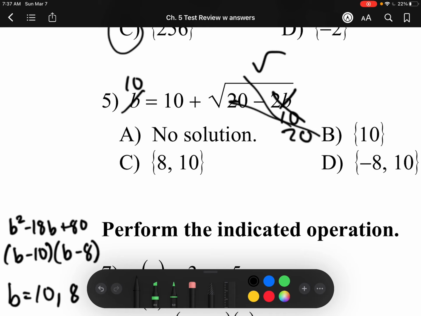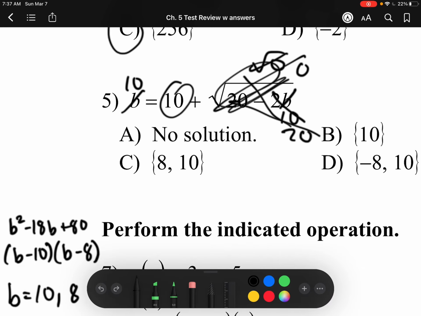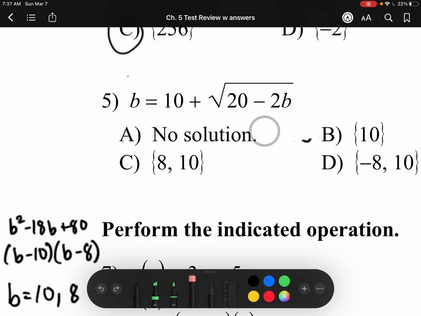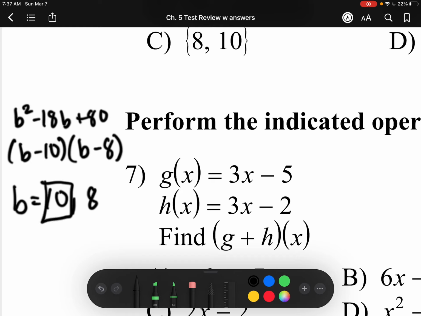So this becomes the square root of 0, which is just 0, so this gets canceled out, and I'm left with just 10. And the statement that I get is 10 is equal to 10. And that is true, right? So 10 is a solution.